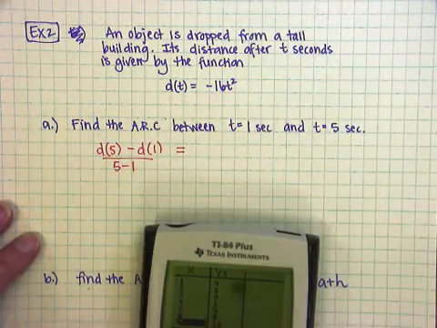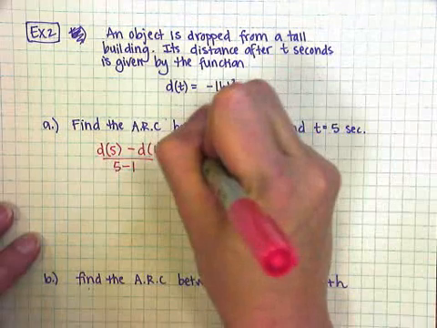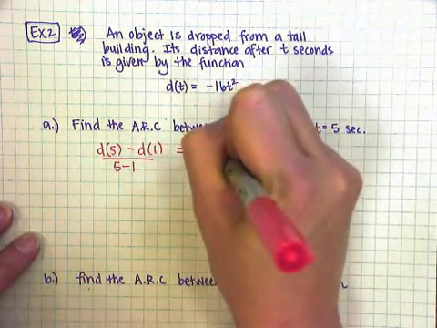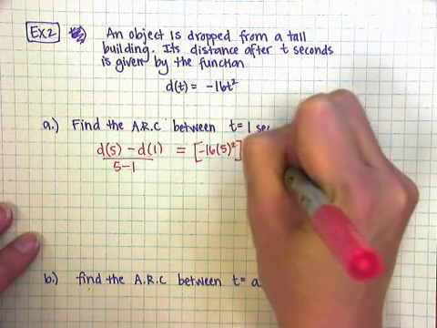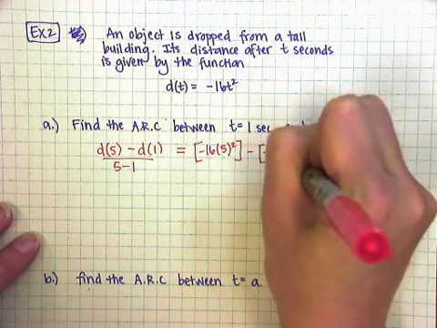And then, let's see, d of 5 is negative 16 times 5 squared minus negative 16 times 1 squared.